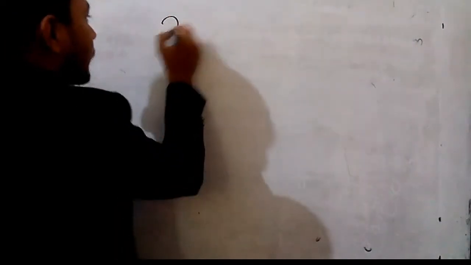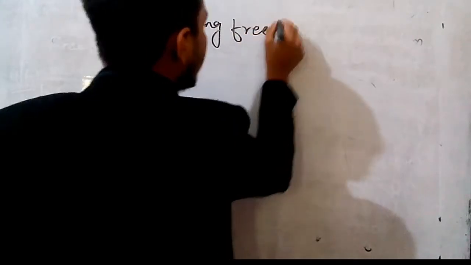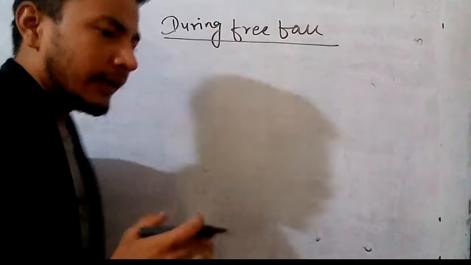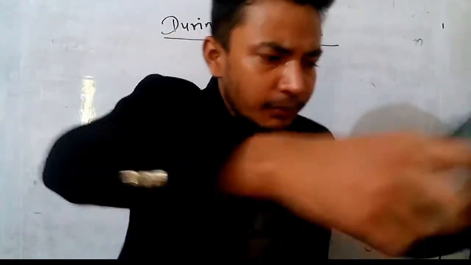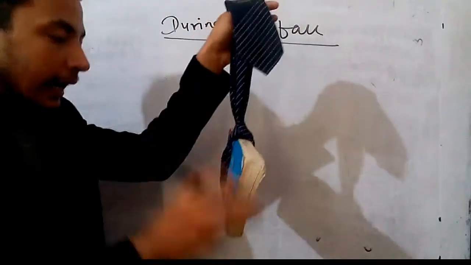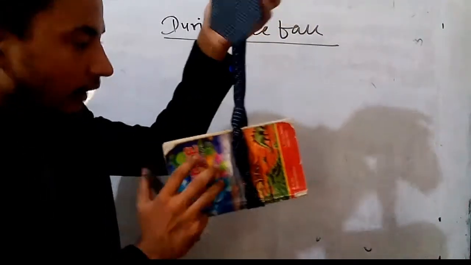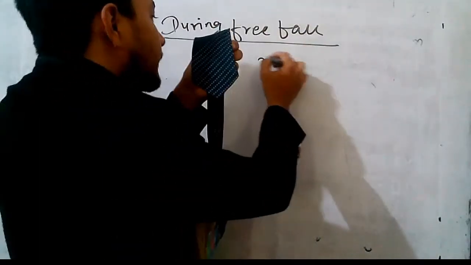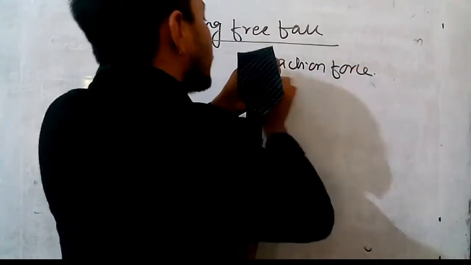Okay, so during free fall, what happens to the object? Listen carefully. This is the beam balance, and I am going to measure the weight of this book. This book exerts a force on the beam balance, and that force is called reaction force.